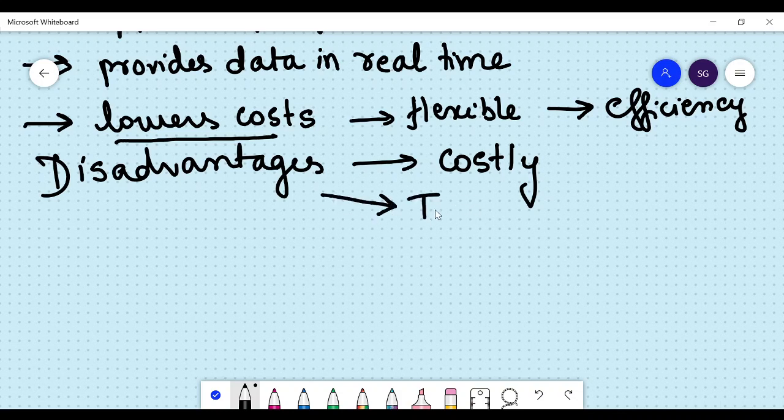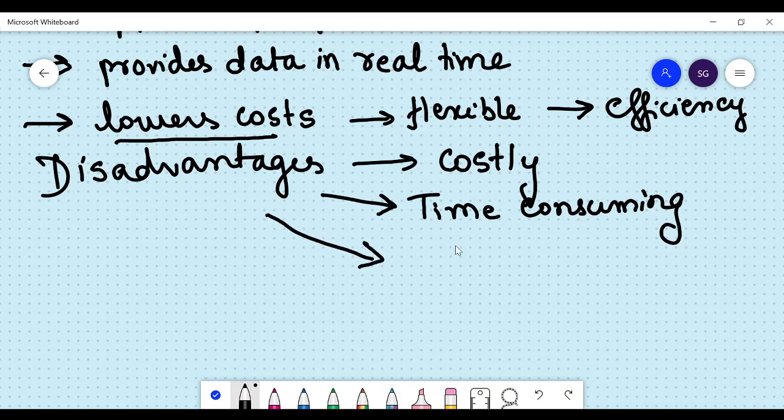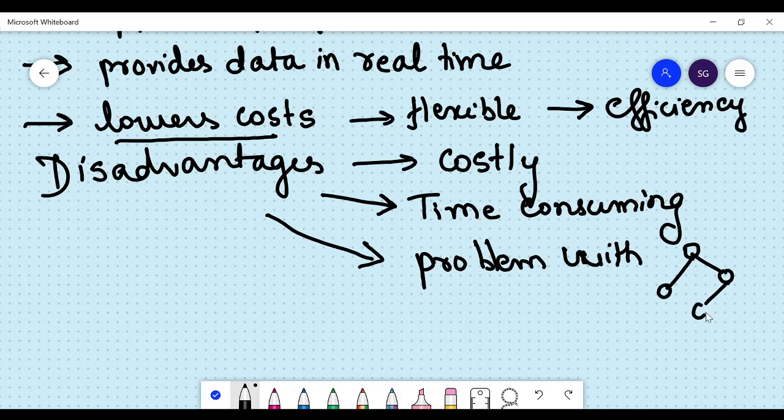Installing and maintaining it is very time consuming, and a problem with one function can affect other functions. Say this has gone wrong, so this all gets affected because everything is linked together.